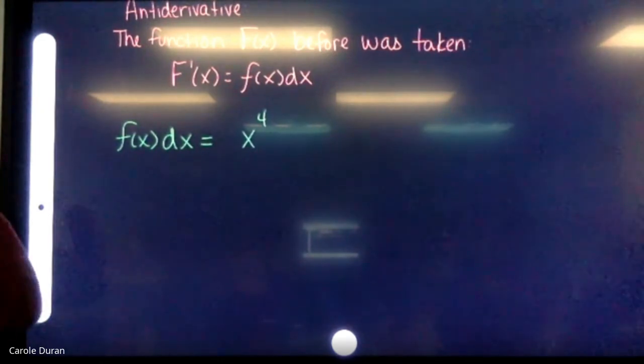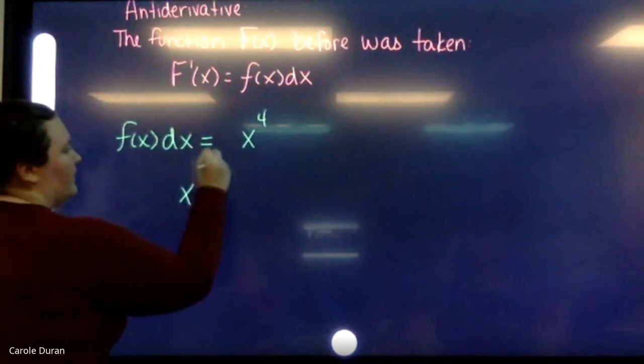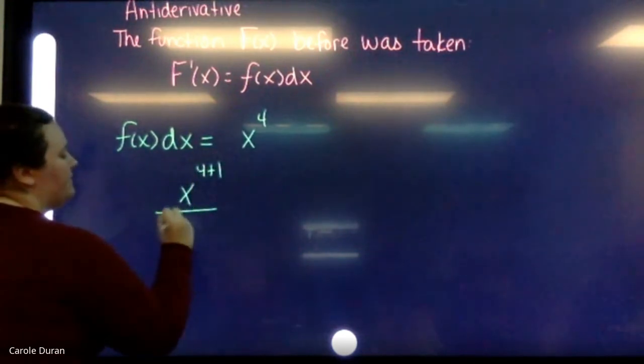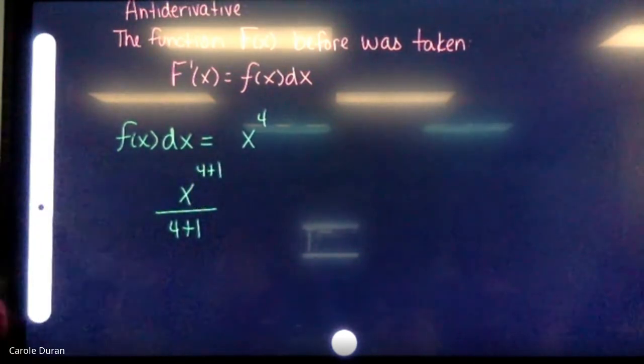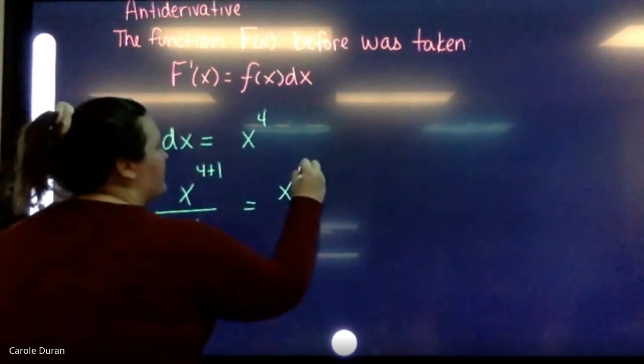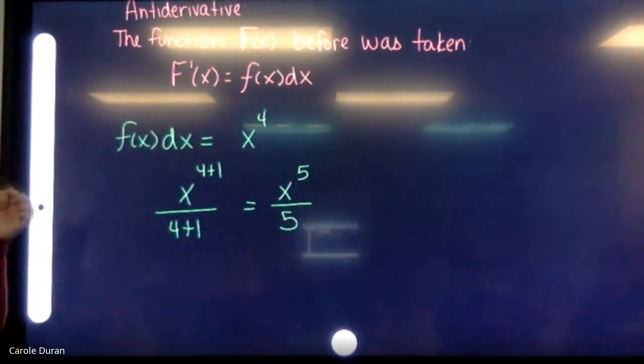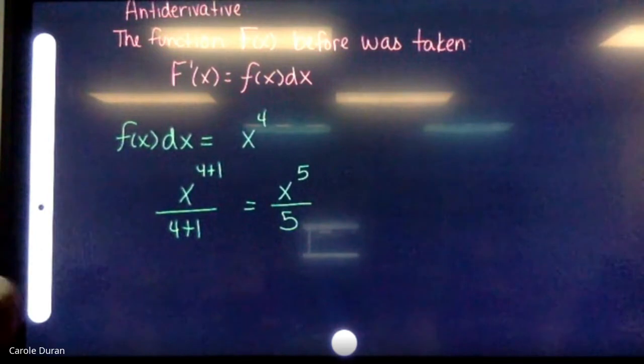So when I'm taking the antiderivative, I need to increase my exponent by 1. Is it 5? And then I also have to divide out whatever I increased it to. So 4 plus 1 is 5. So this should be x to the 5th over 5. Whatever I increase my exponent to has to be divided out to balance it out.